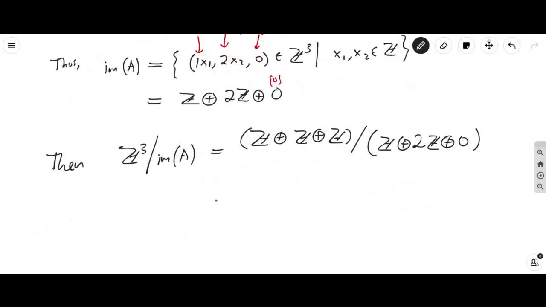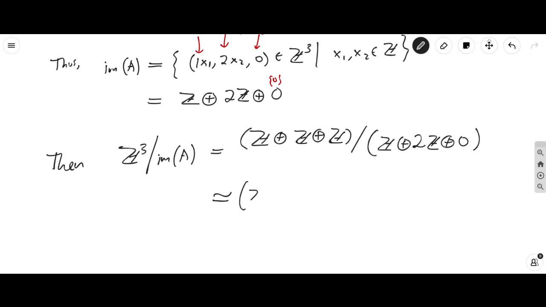Now I'm going to use a very well-known fact from a group theory course. If you've never seen it before, it's not difficult to show. It basically says that if you have a direct sum of abelian groups and you mod out by a direct sum of their subgroups, then the quotient is isomorphic to the quotient of each individual piece, component by component.